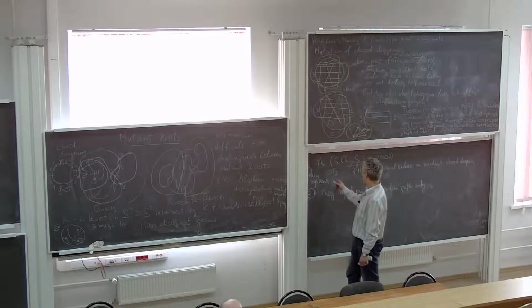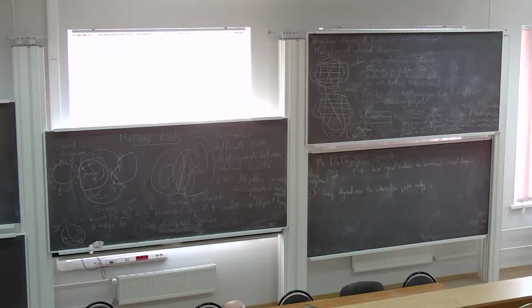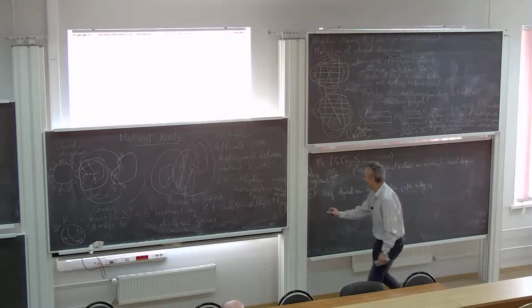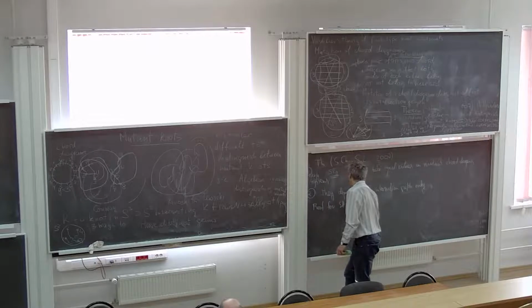So for a moment, I will discuss the case of SL2, just because we studied in detail this case with Polina, and the proof is the following. The proof for SL2.